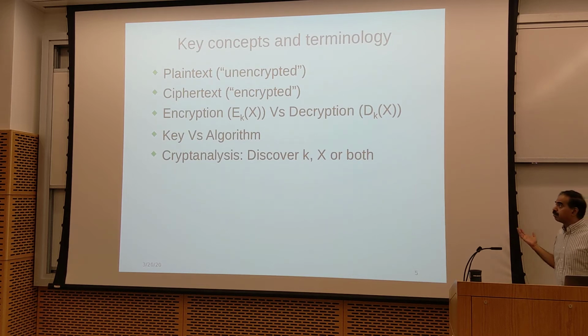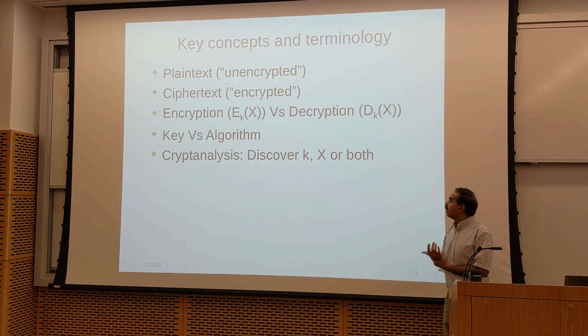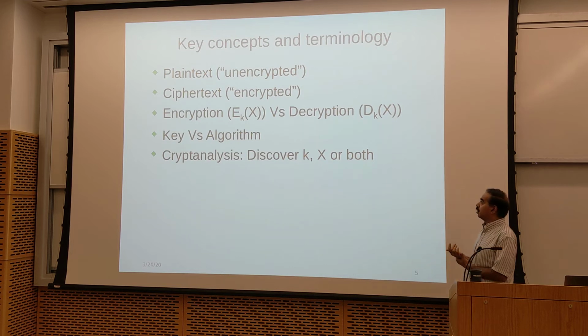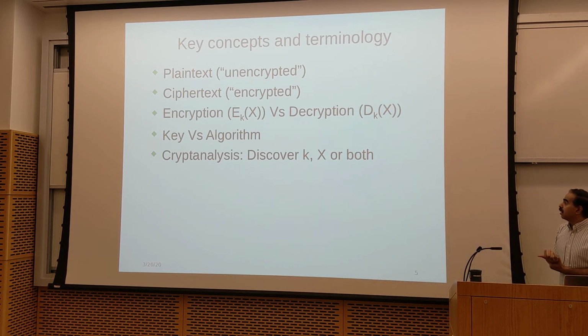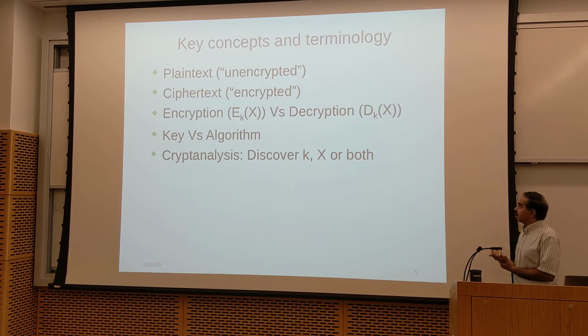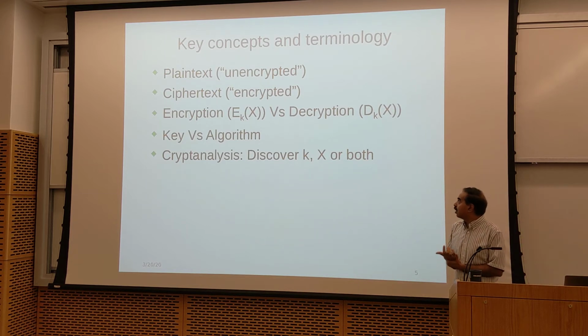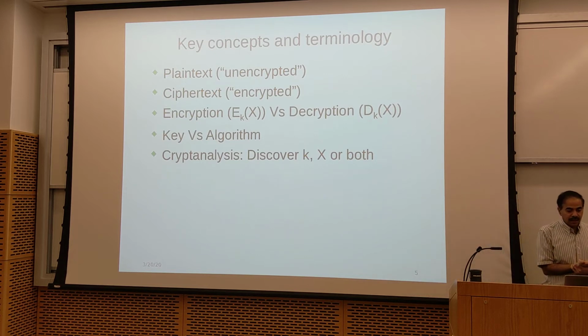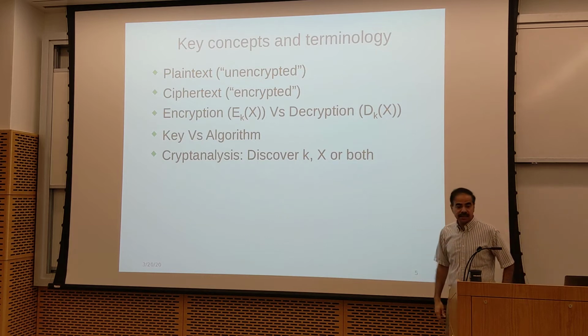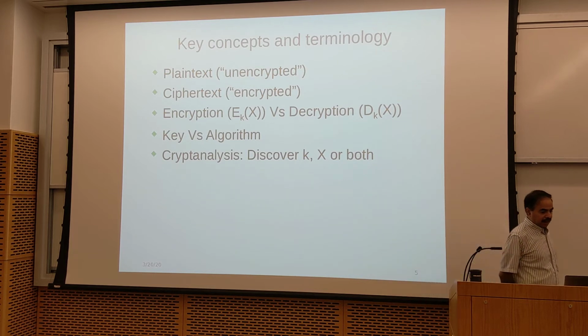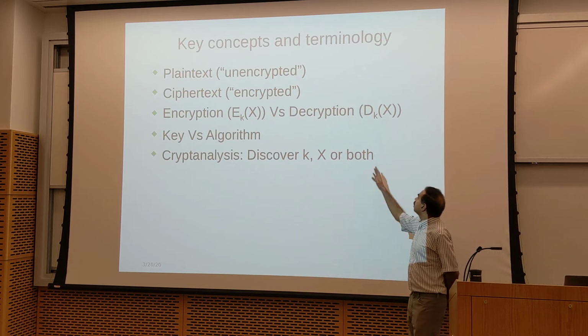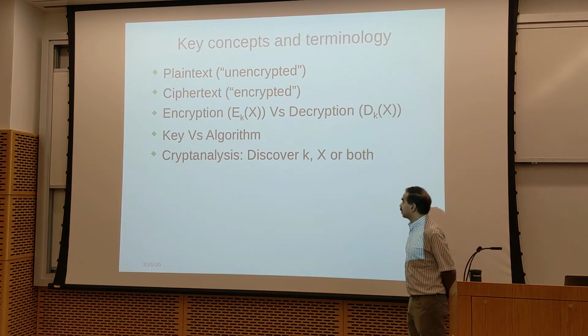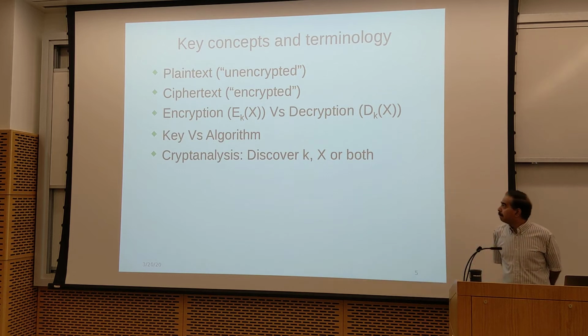Ciphertext means encrypted, and then we have the notation for encryption, which here says EK of X, which basically says that you're doing the encryption operation with the key K, right? So the key appears as a subscript in this particular case, and then you have decryption, which also uses similar notation.